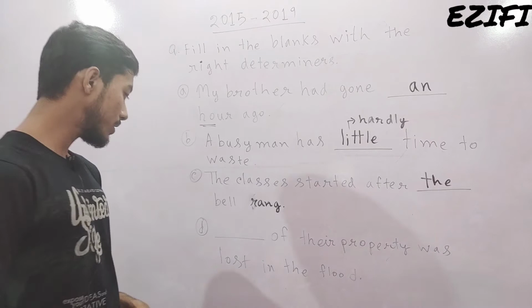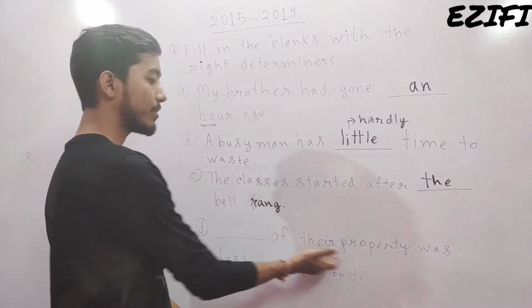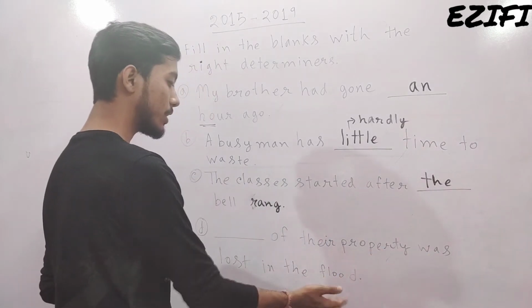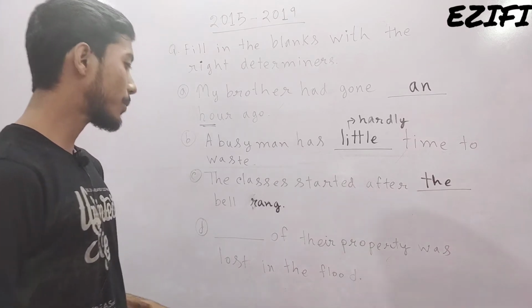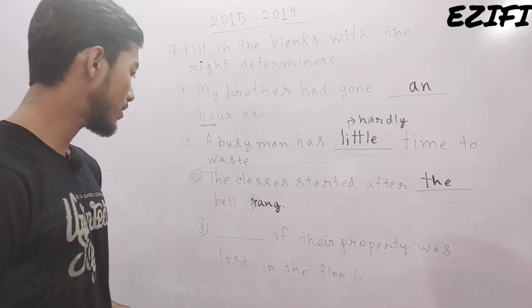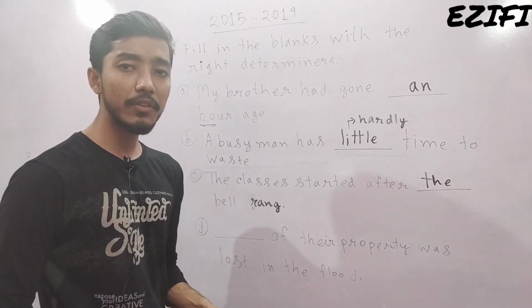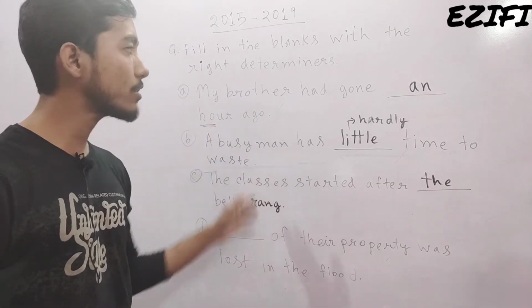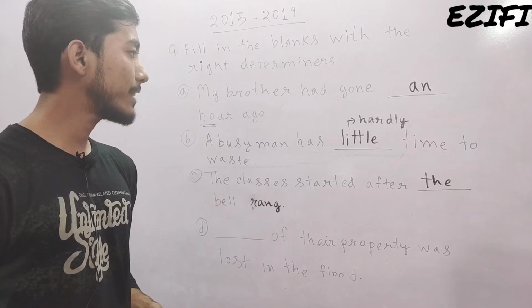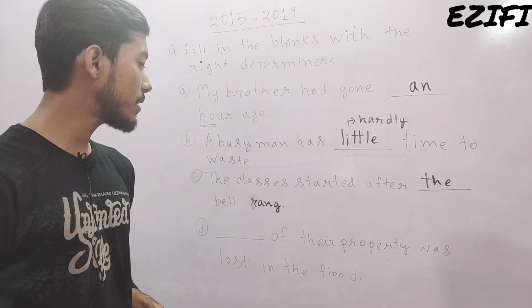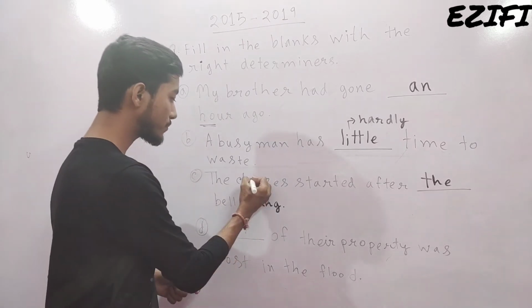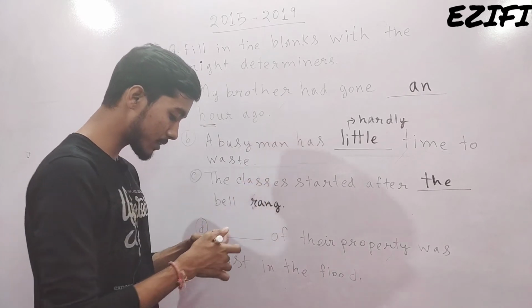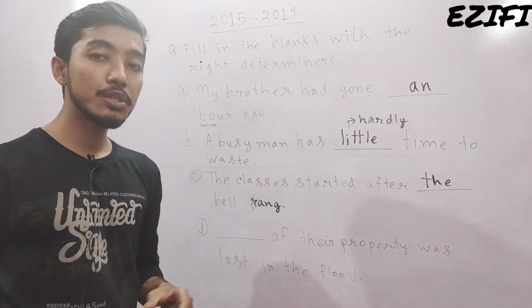Now moving on to the next question, dash of their property was lost in the flood. In many places you may find most, but in your exam you will be given options. Here I have not given any options, so that we can prepare a bit better for the exams. If we can do without options, then our base will be a bit stronger.